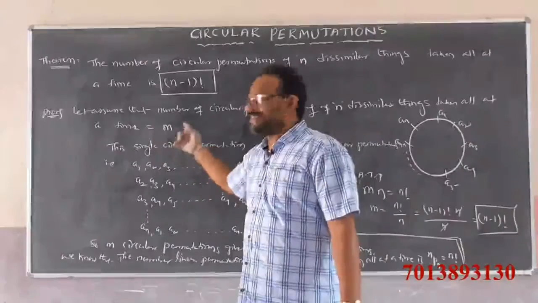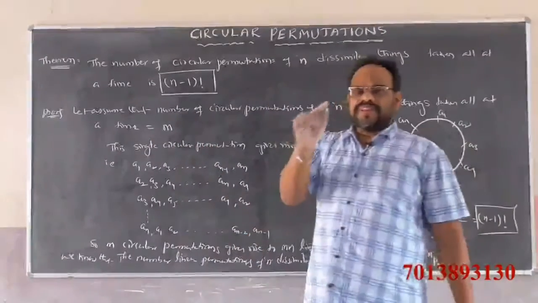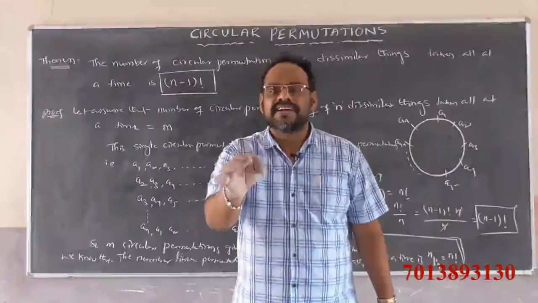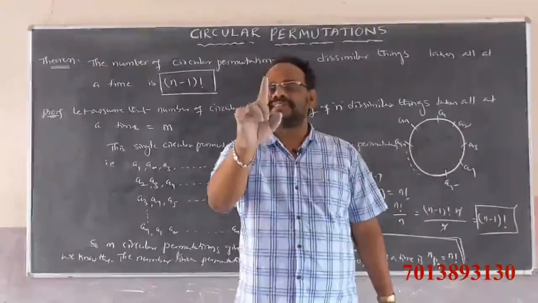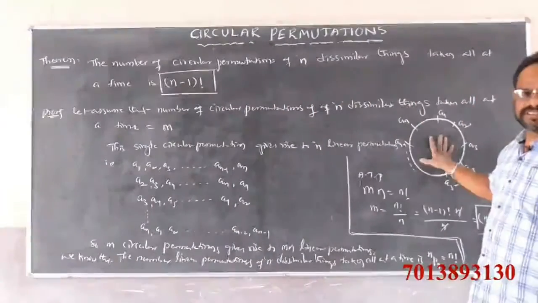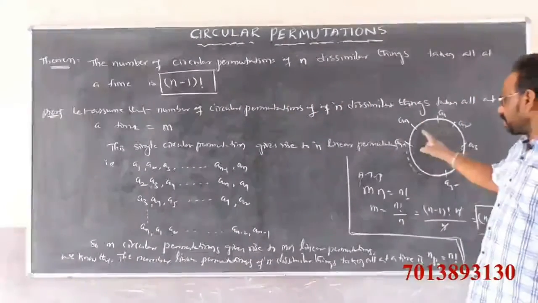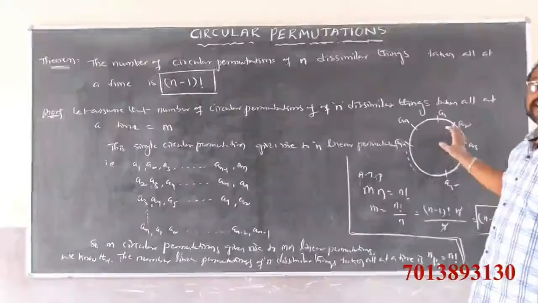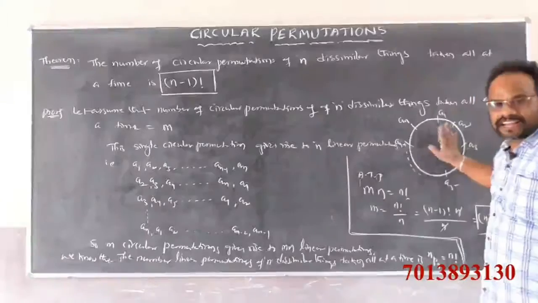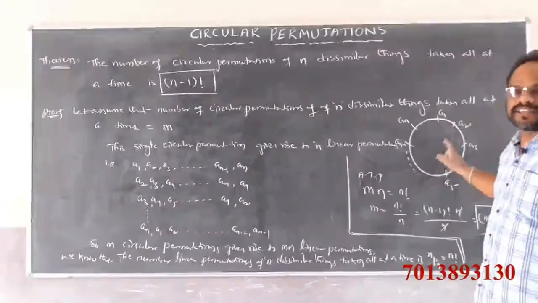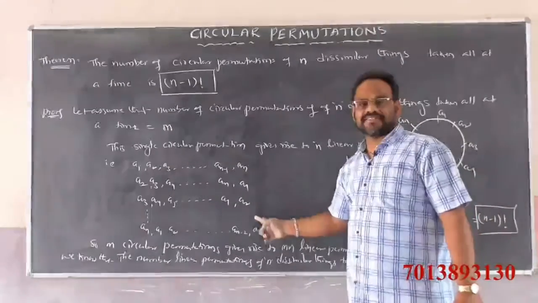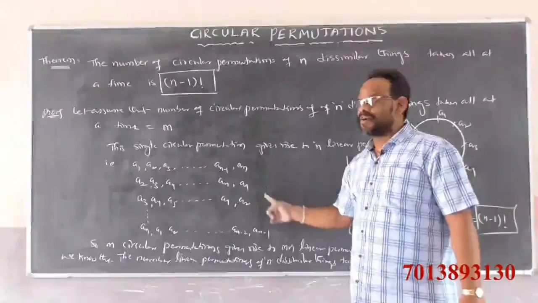In those m circular permutations, consider only one single circular permutation. Observe this figure. This single circular permutation gives rise to n linear permutations.